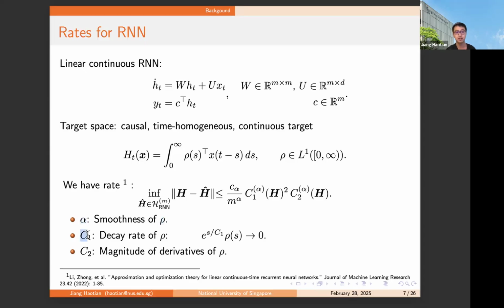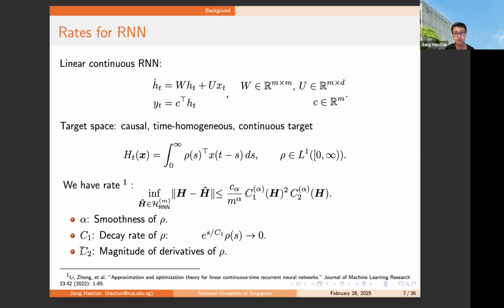And we have C1, which measures the decay rate of rho. Here we assume that this quantity goes to 0 as s goes to infinity. So when C1 is small, rho will be decaying faster. And C2 here measures the magnitude of the derivatives here.